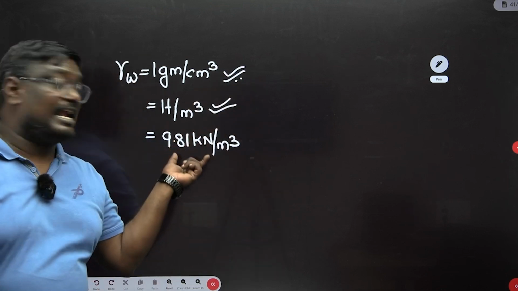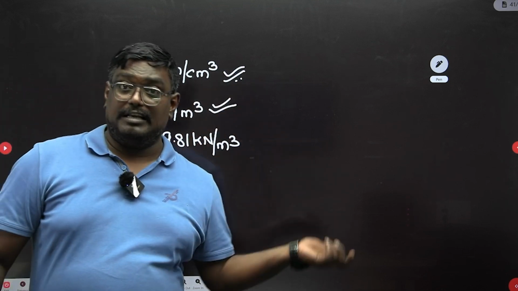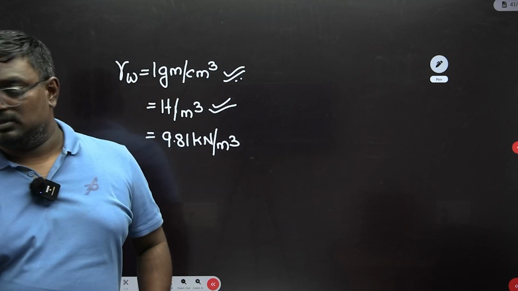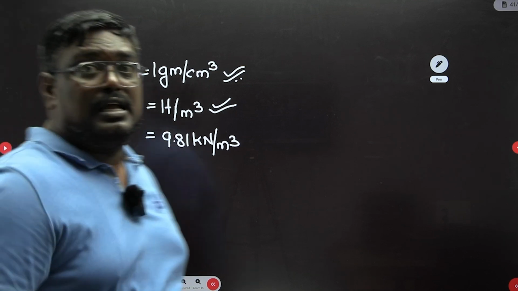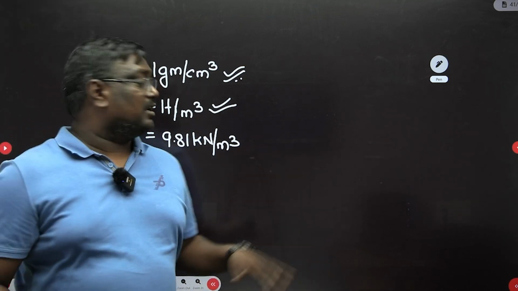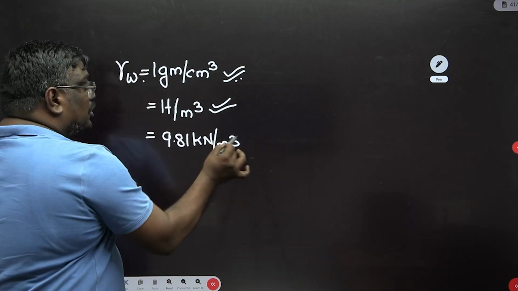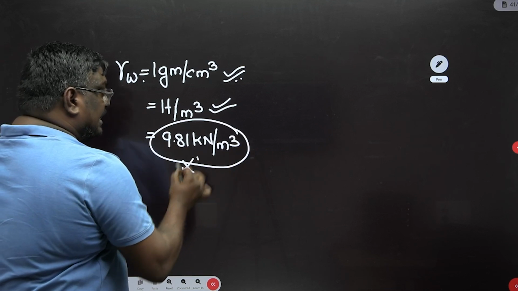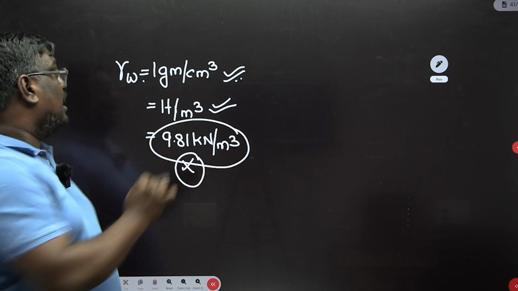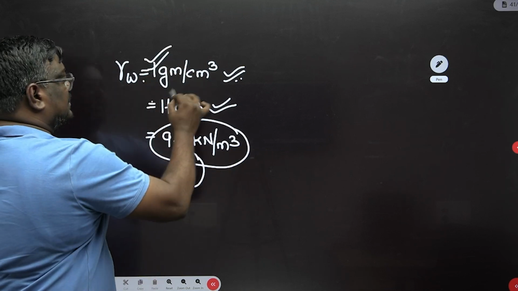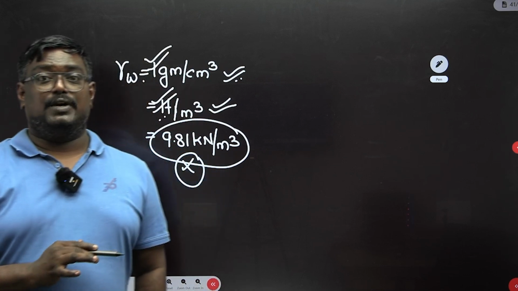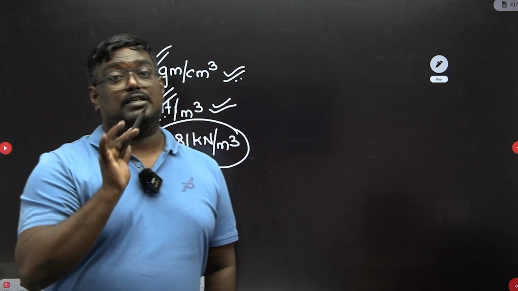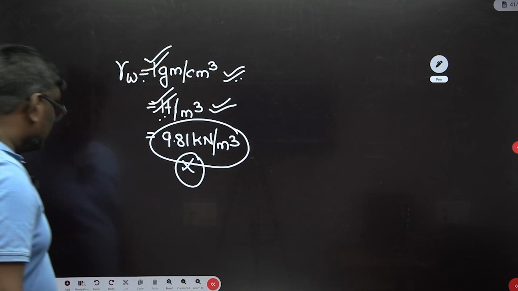If they have given different values, don't use this, because in calculation you will face a lot of issues. Either go with 1 gram per cc, 1 ton per meter cube. If you are a real SSC JE aspirant students, accuracy and speed is very important. That is the reason I have told this.